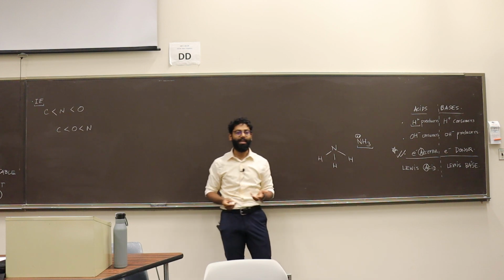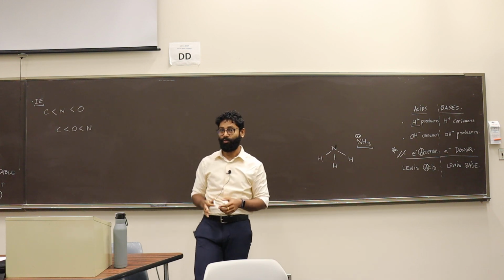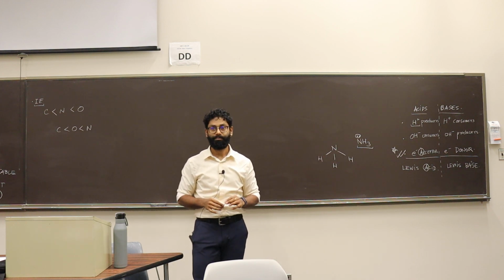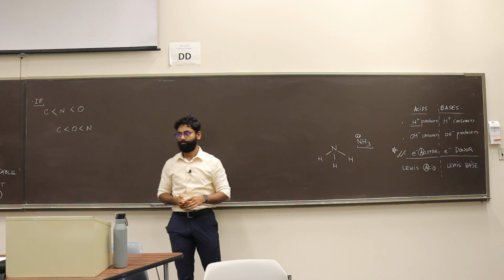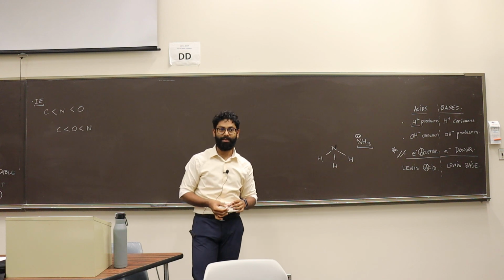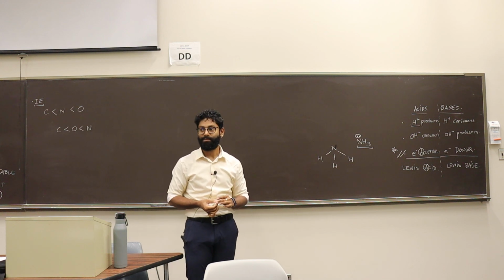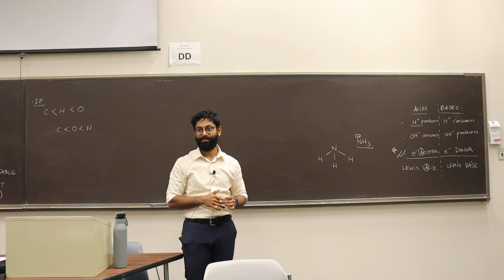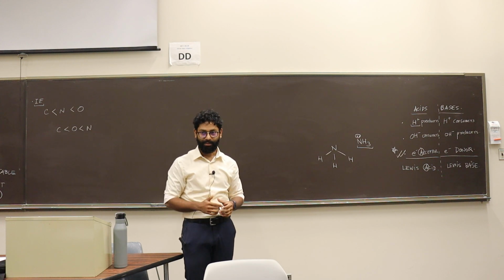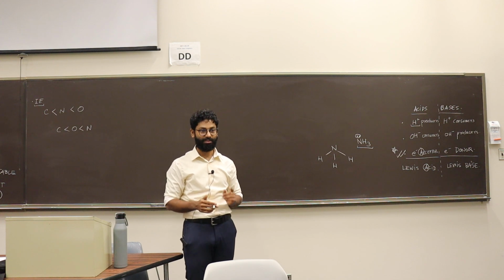Now, how many electrons does nitrogen have in the outermost shell? What's the atomic number for nitrogen? 7. So what's the electronic configuration? Look in the periodic table quickly. 2, 5, right? So it's in the 15th group, with 5 electrons in the outermost shell.